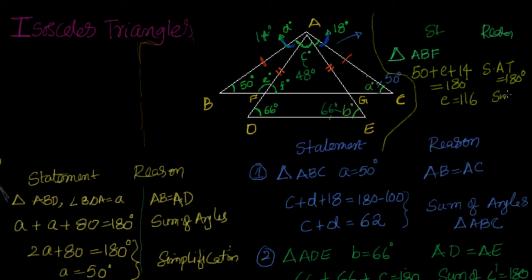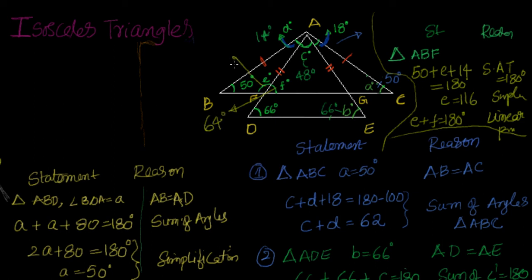The reason is simplification. Now only one thing is left, which is F. E plus F equal to 180, that is a linear pair of angles. So with that, F equals 180 minus 116, that is equal to 64.